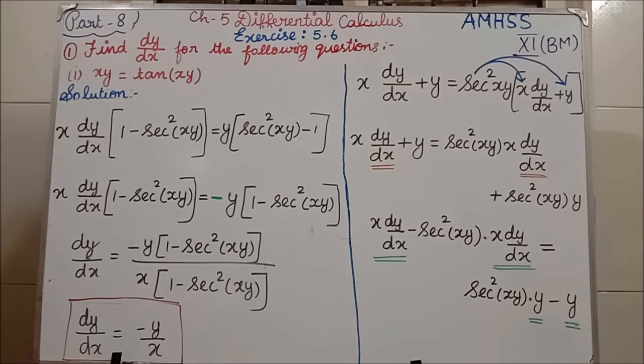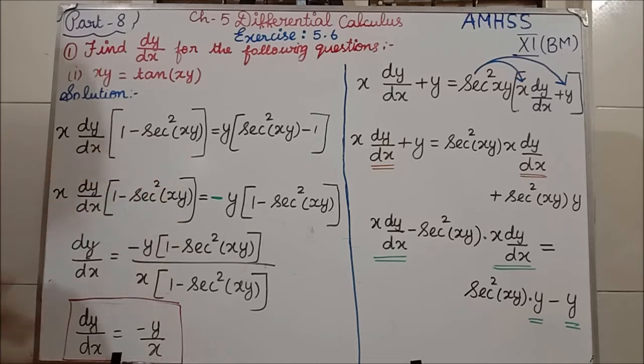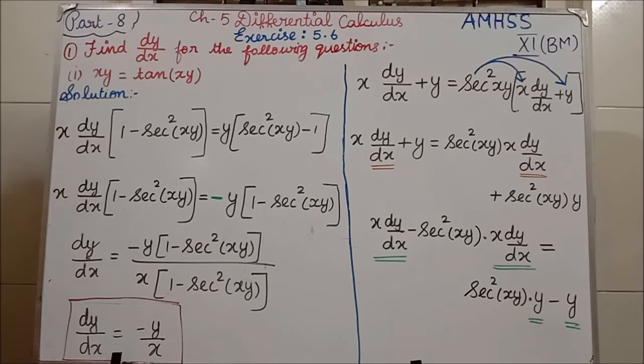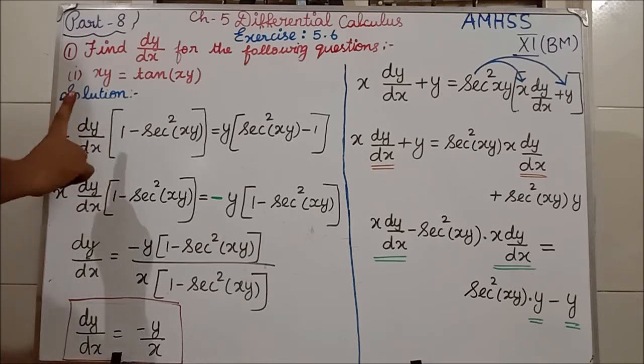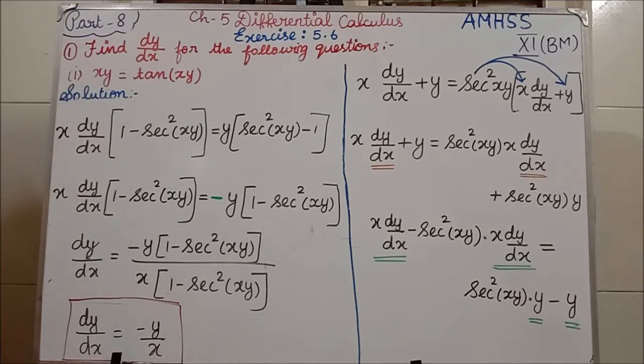Now in the next step, inside the bracket I am having 1 minus secant square xy. Here also I am having secant square xy minus 1. So 1 should come first, then secant square xy should come second. For that, we have to take the minus commonly out.